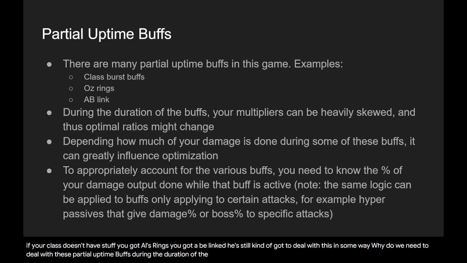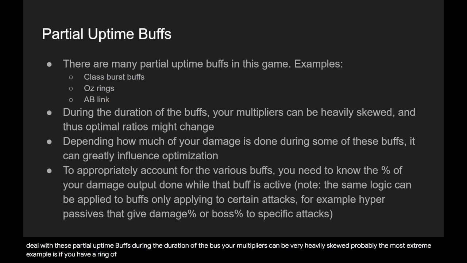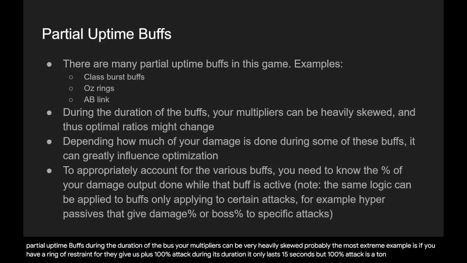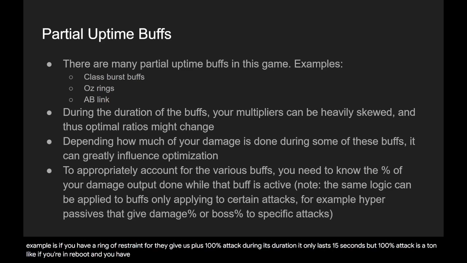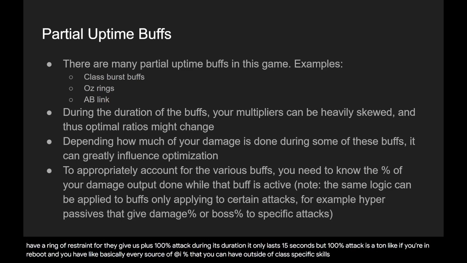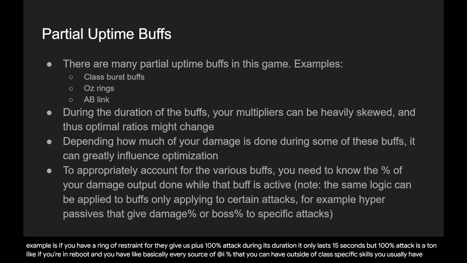During the duration of the buffs, your multipliers can be very heavily skewed. Probably the most extreme example is if you have a Ring of Restraint 4 that gives plus 100% attack during its duration. It only lasts 15 seconds, but 100% attack is a ton. If you're in Reboot and you have basically every source of attack percent that you can have outside of class-specific skills, you usually have less than 100% attack total.